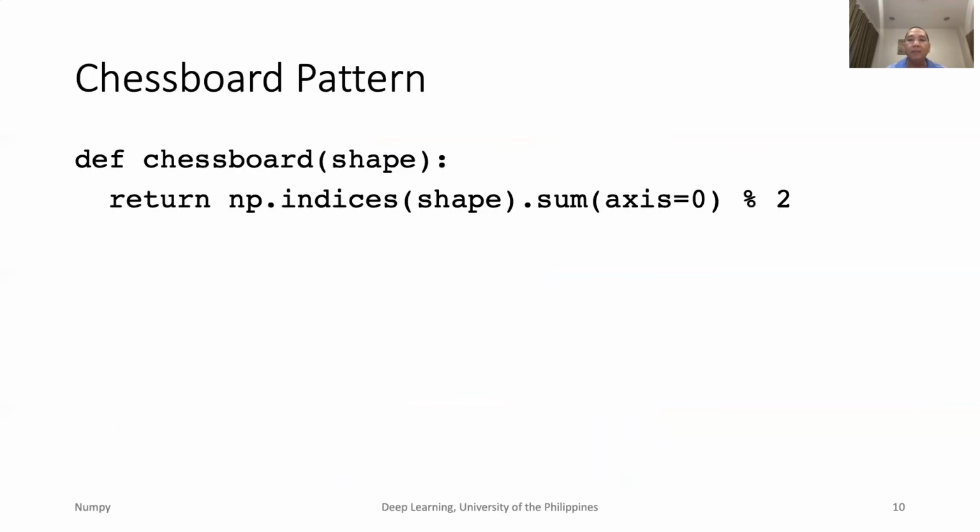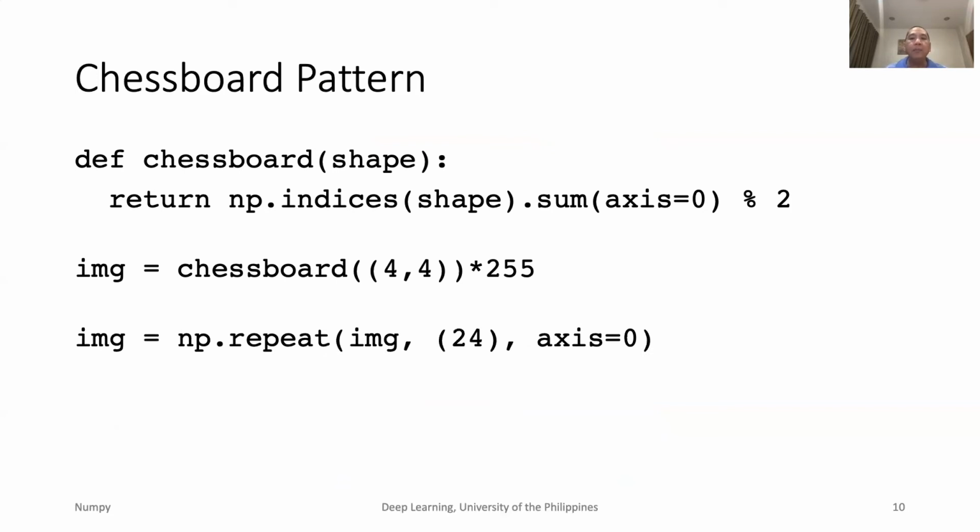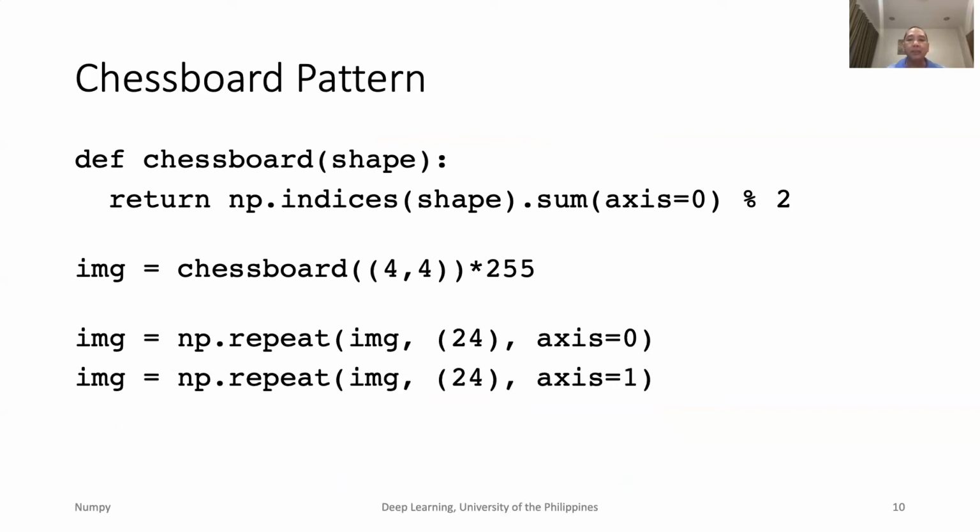First, create a function that generates an array with alternating zeros and 1. Then create a 4 by 4 array with alternating zeros and 1. Then repeat the pattern vertically and horizontally.